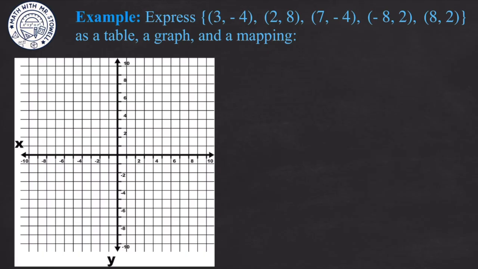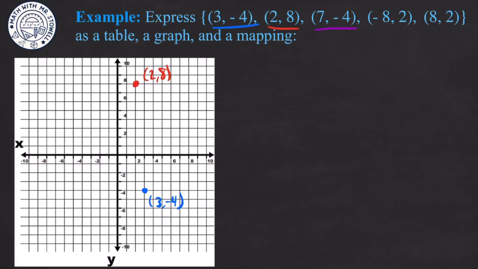3, negative 4. So for this first one, we're going to go 3, negative 4. That's going to be down here. We do the x value first, then we do the y value. 2, 8. So 2, 8 is up here. We have 7, negative 4.